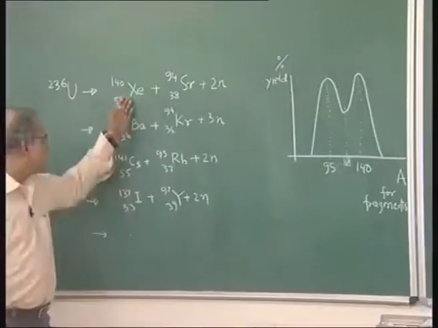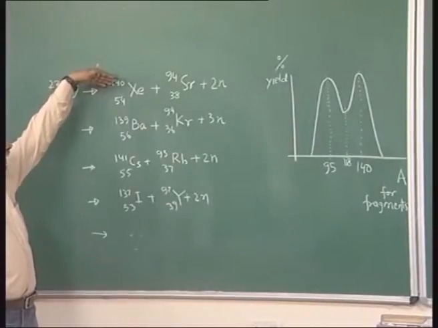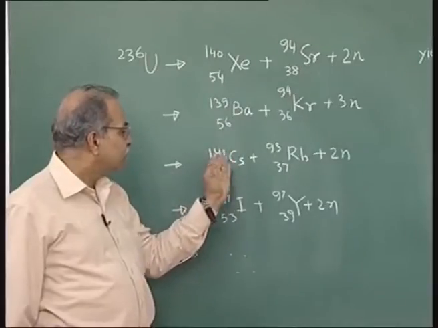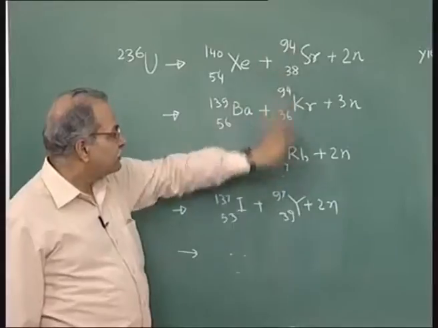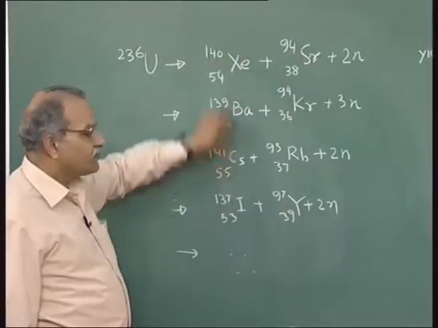The reactions that we have written here, you can see that this is 140 and 94, 139 and 94, 140, 93, 137, 97, and so on. So, one fragment is around 95 and another fragment is around 140.